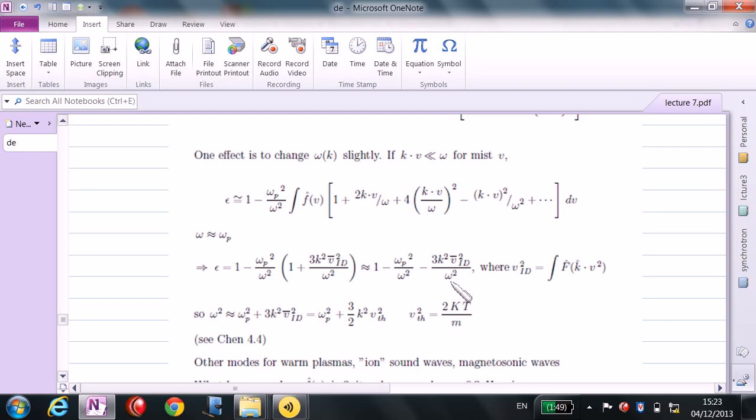And if f is a Gaussian, then this is the thermal average. It's the thermal velocity. It's the average of this.